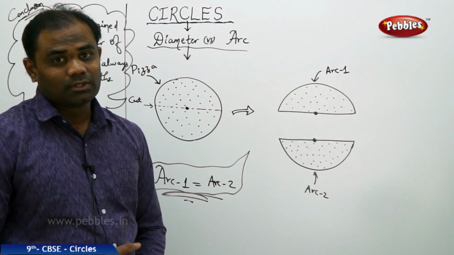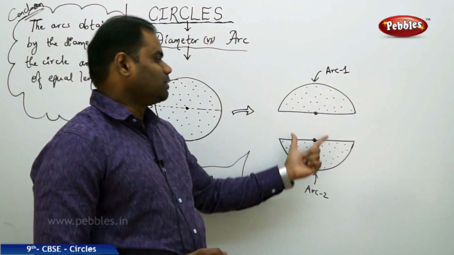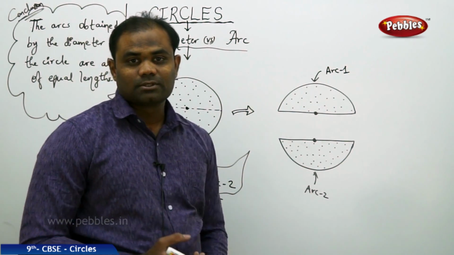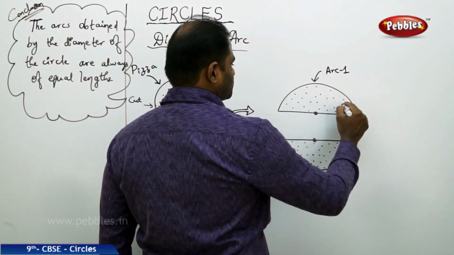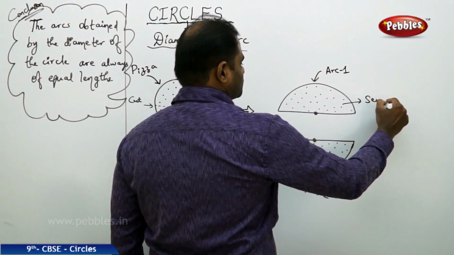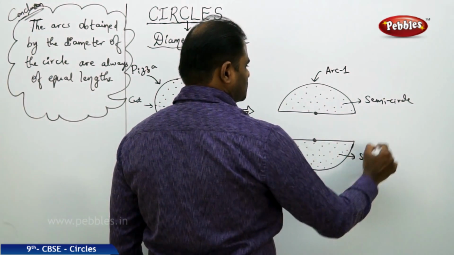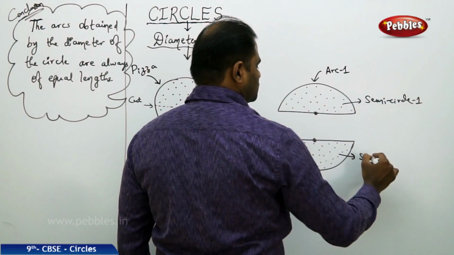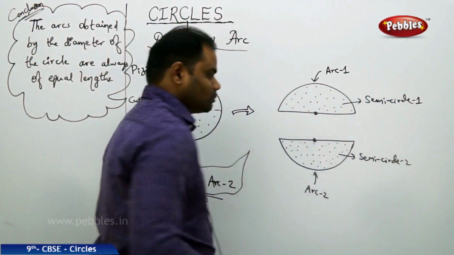And also, it's very important to note that when a circle is divided along the diameter, it forms two semicircles. So this circle, when divided, forms semicircle 1 and semicircle 2.